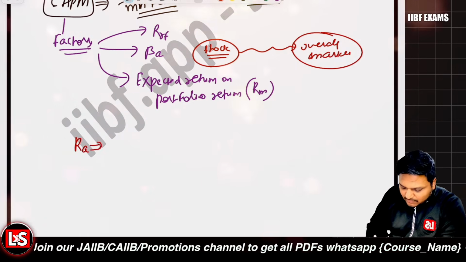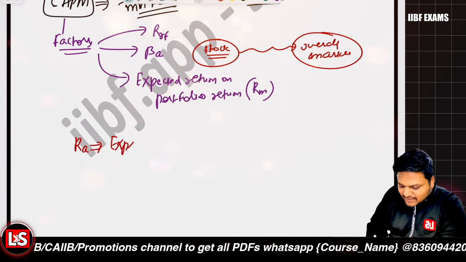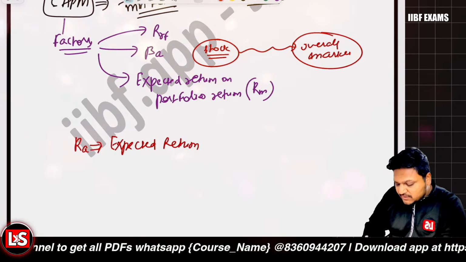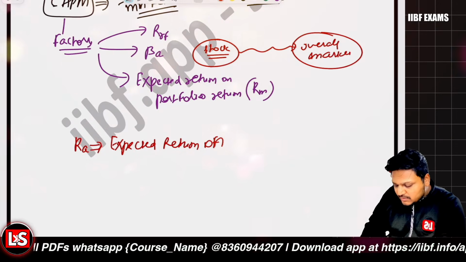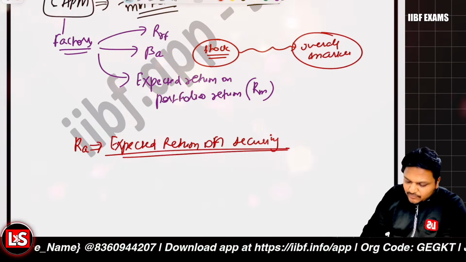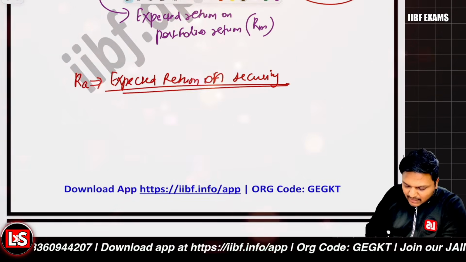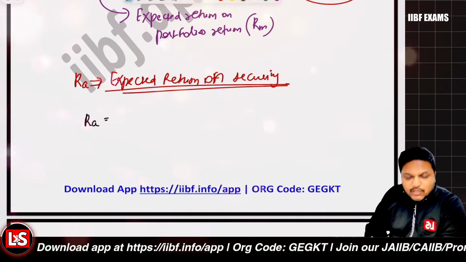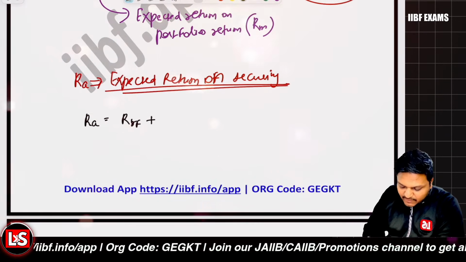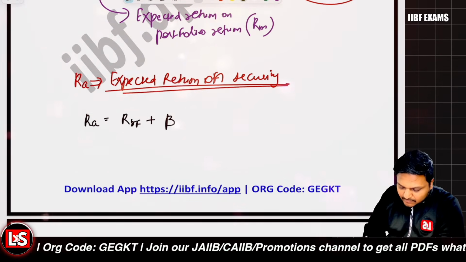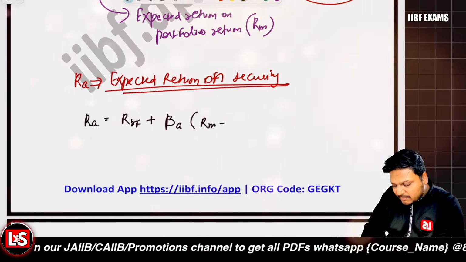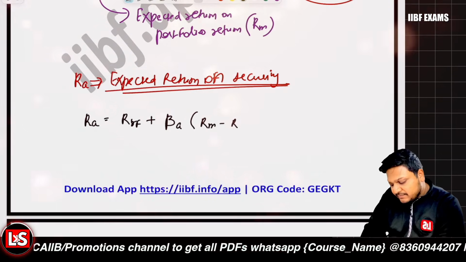We say it to be the overall expected return, considering all these factors, on security. The expected return on security, that would be equivalent to what? That is said to be RA, and that is equal to the risk-free return, RRF, plus beta A multiplied by RM minus RRF.